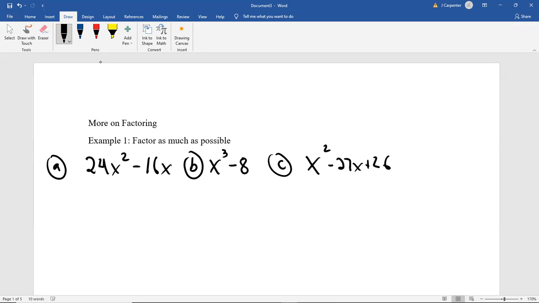So like I said, I'm going to give you about ballpark 10 to 15 minutes, 12 minutes, somewhere in that window to try these 3 out. And then I will go over them after that.